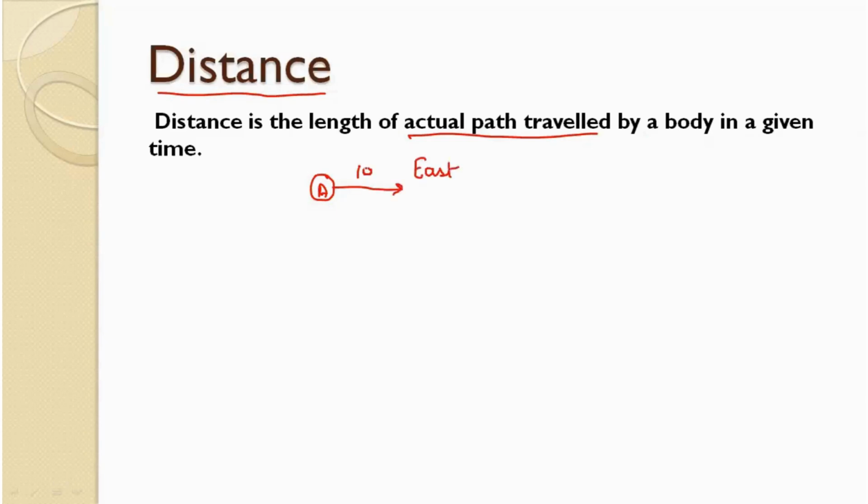He traveled 10 meter towards east, and then he takes a turn and travels 20 meter towards the south direction. What is the distance traveled by A? The distance traveled is equal to 10 plus 20, which is 30 meter. So the actual path followed is your distance.